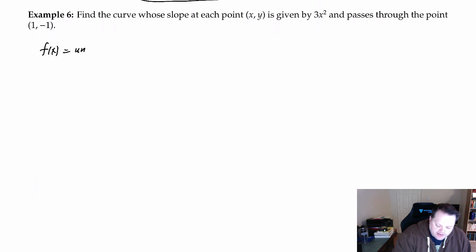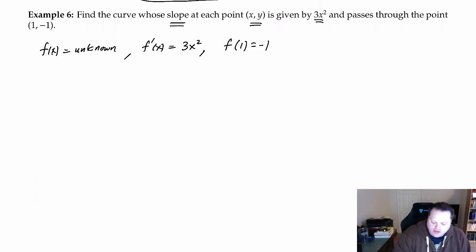If f of x is this unknown function that we're trying to find, then we're told that the slope at each point is 3x squared. So the derivative, which is the slope, is 3x squared. Okay, we know that the function passes through (1, -1), so f of 1 equals negative 1.